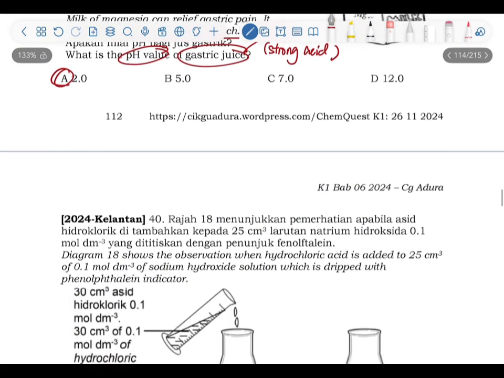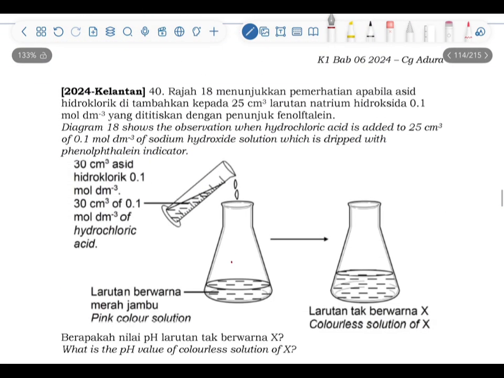Okay, next question. Diagram 18 shows the observation when the hydrochloric acid, okay, this is the acid, is added to 20 cm³ of 0.1 mole per dm³ of sodium hydroxide solution. So we have this sodium hydroxide as our alkali, which is tested with the phenolphthalein indicator.